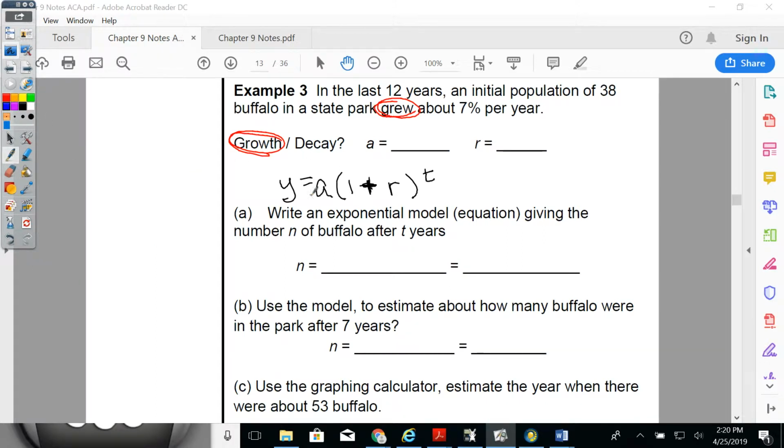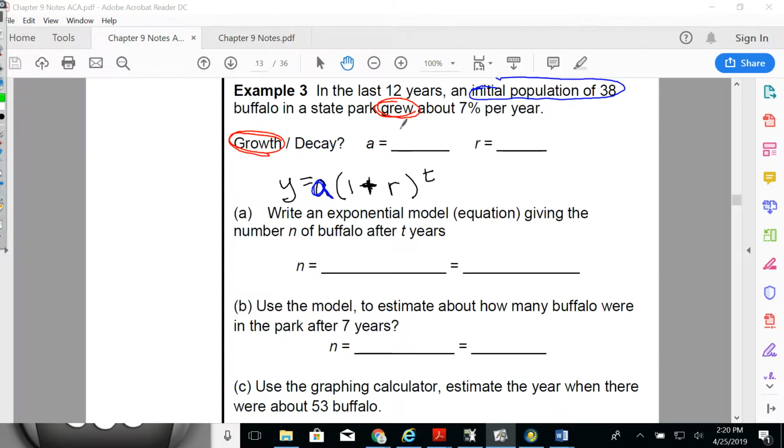A value is your initial population, your starting amount. So it says the initial population was 38. So 38's here. And then the rate is 7%. But we don't want to put it as a percent into the equation, so we change it to a decimal by multiplying by 100. All that's going to do is move it over twice. So r is 0.07.